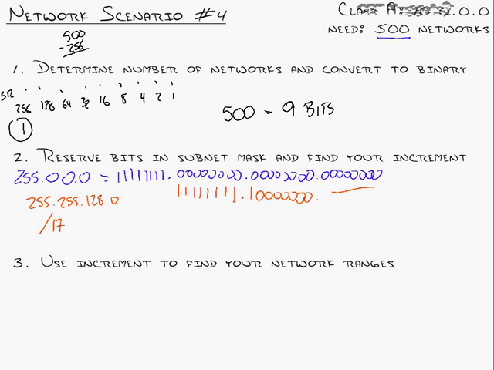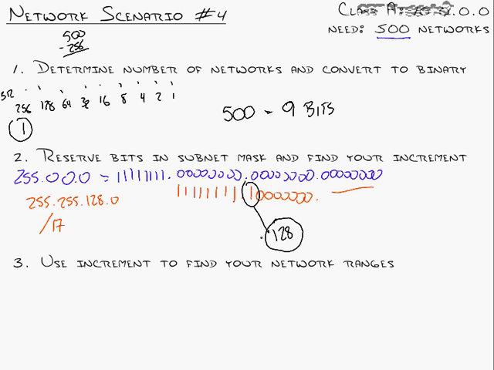Now, here's a unique part about it. What is our increment? Lowest network bit converted back to a decimal number. Well, that network bit is 128. Wow, weird. So our increment is the same as our subnet mask. You bet it is. So now we have all the pieces that we need to move on to step 3 and find our network ranges.